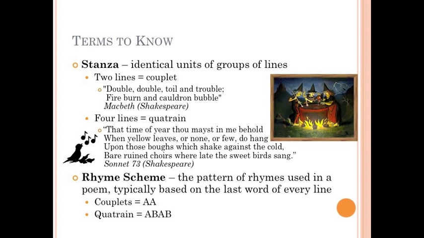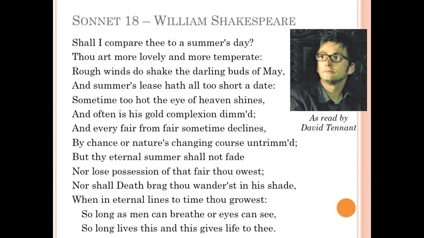So take a listen and see if you can apply what we have learned about stanzas and rhyme scheme as he's reading this poem. Shall I compare thee to a summer's day? Thou art more lovely and more temperate. Rough winds do shake the darling buds of May, and summer's lease hath all too short a date. Sometime too hot the eye of heaven shines, and often is his gold complexion dimmed, and every fair from fair sometime declines, by chance or nature's changing course untrimmed.